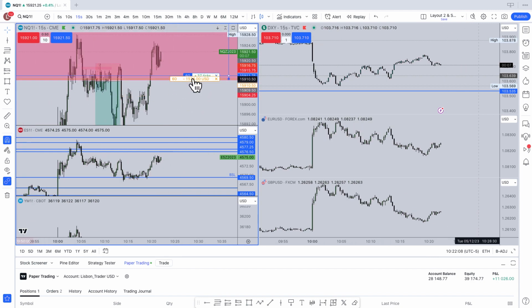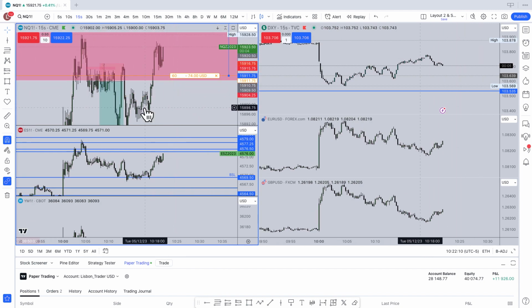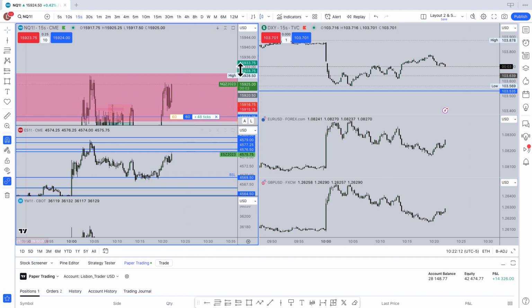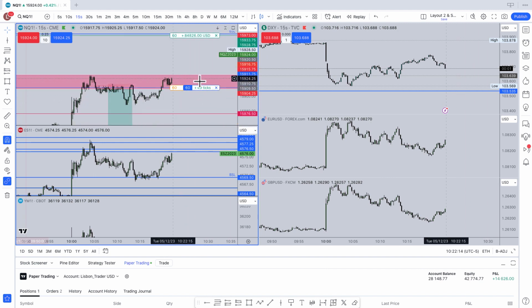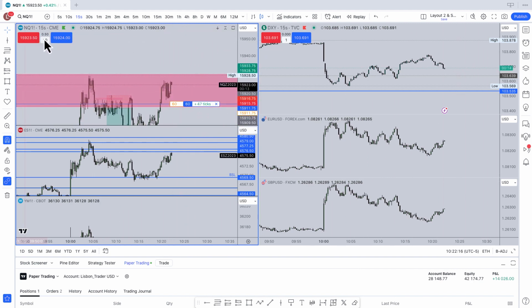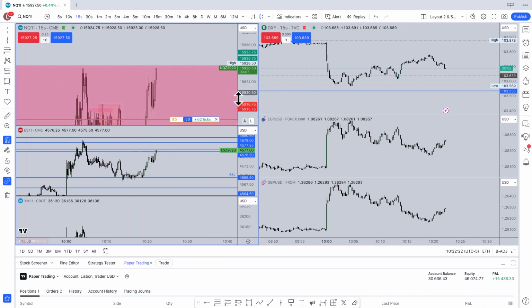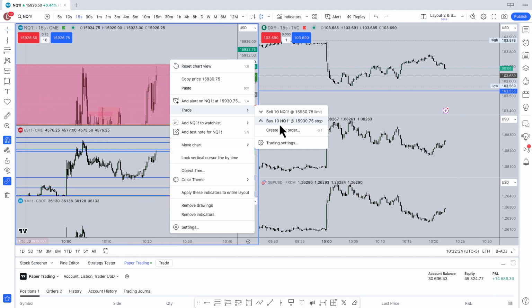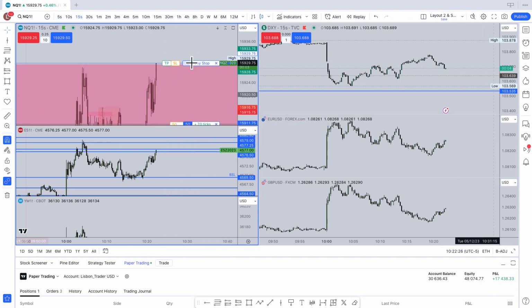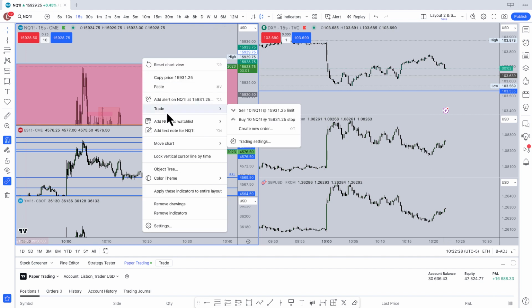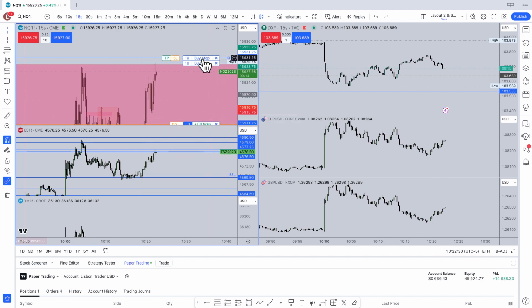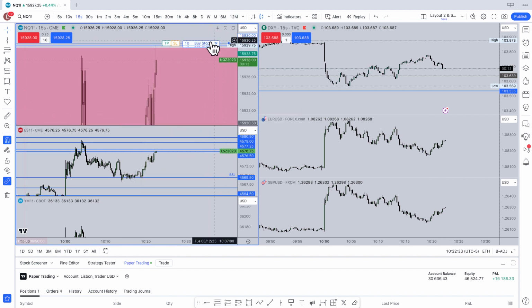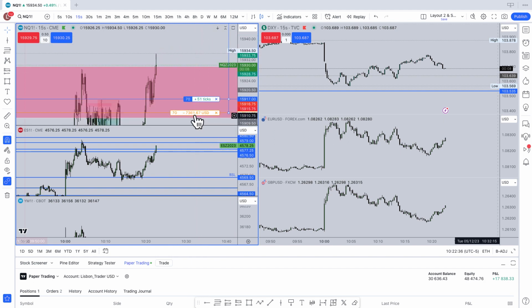Let's protect the trade at break even. There it's going, taking some buy at the break. There, the break of this candle. Okay.